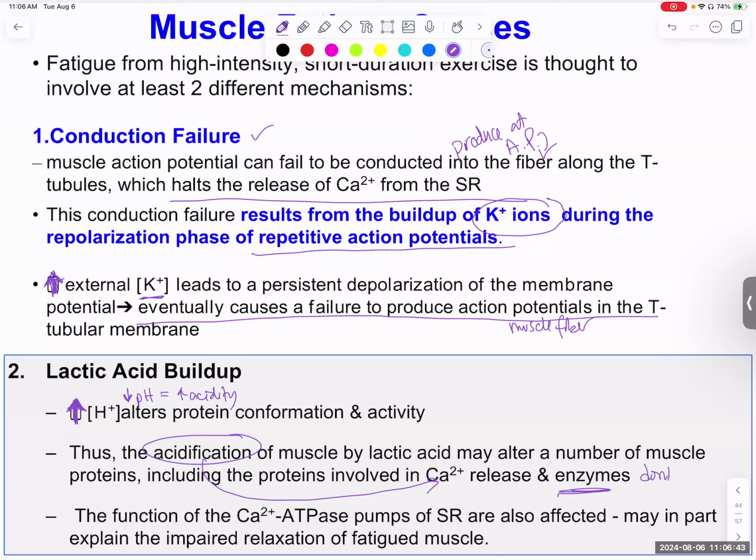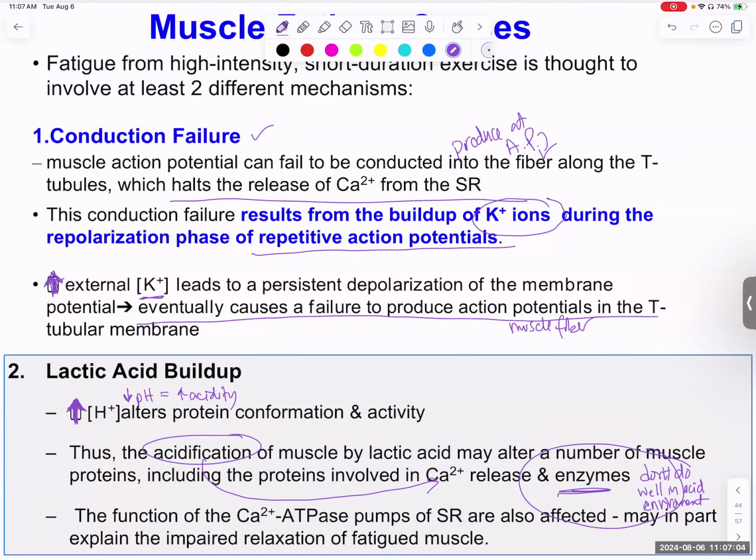Enzymes don't do well in an acidic environment. So when the acid builds up, enzymes don't function properly. And if the enzymes don't function properly, you're not going to be able to produce ATP.